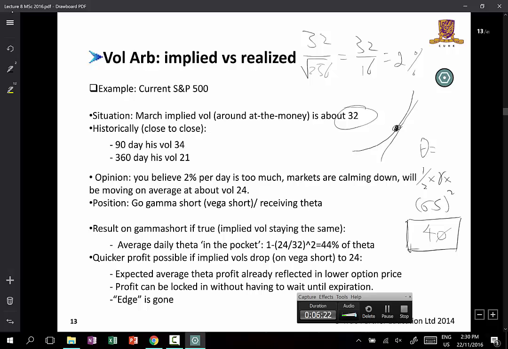So if it moves less than 40 points, then the theta you receive will more than cover the gamma revenue, or the negative gamma revenue, because now you are short the option and you are hedging it. Now let's say you have a view like that.